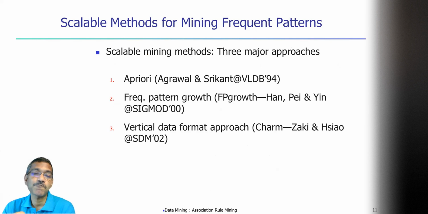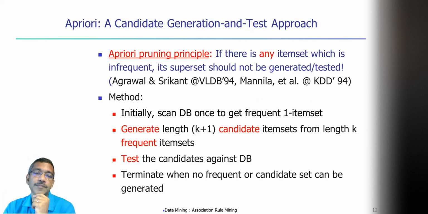Then we have another one called pattern growth, which is a little bit better, written by the authors of this book, right? And then we can extend that a little further to other ways of doing it. We are not going to talk about all of them in detail. We are actually going to talk about the first two in detail, and the third one very briefly, right?